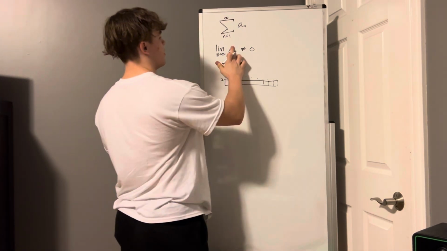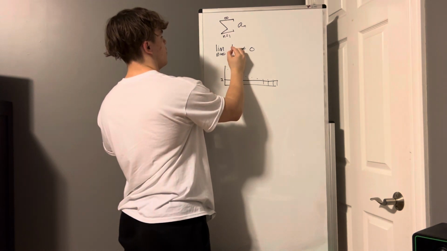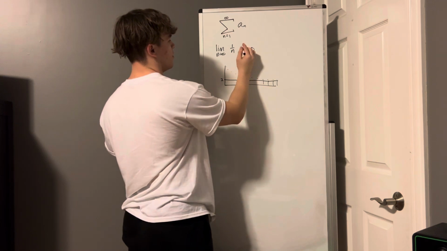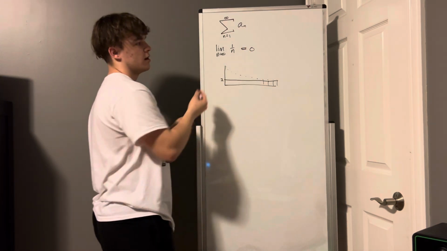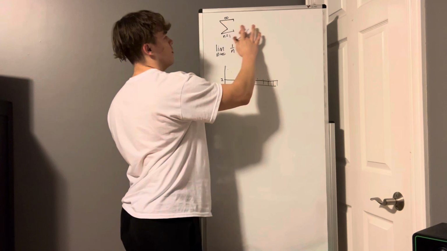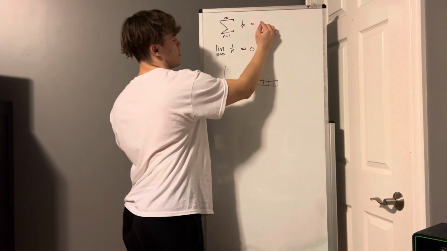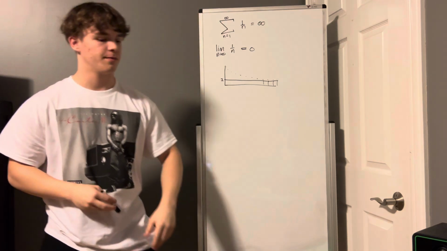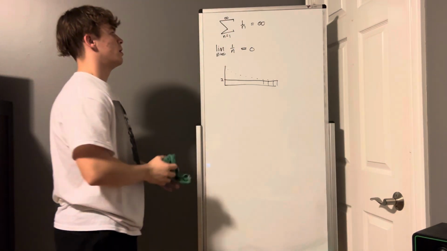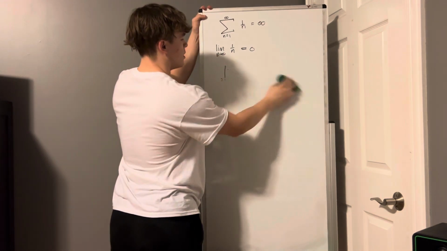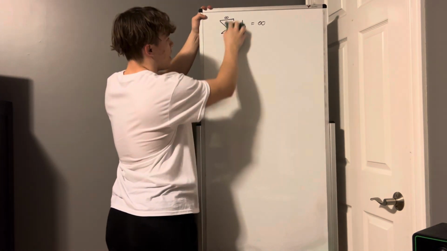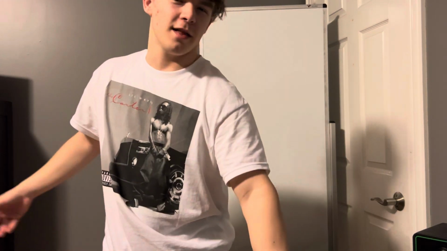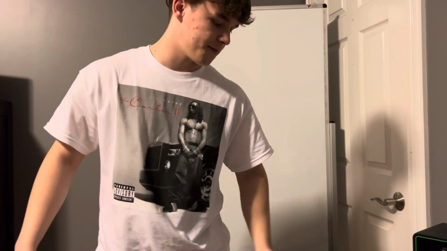For example, the limit as n approaches infinity of 1 over n equals 0, but the sum of 1 over n from n equals 1 to infinity equals infinity. So that's that very easy test, but a lot of the time that's not actually going to tell us anything.